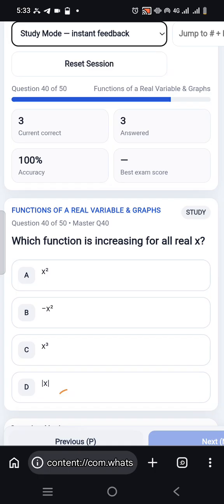So a more negative number is actually smaller, but because the absolute value is turning it into positive, it will become bigger. So what is the point? So it's actually increasing even when the function is decreasing, meaning that it's not increase versus increase, it's decrease versus increase. So question here.